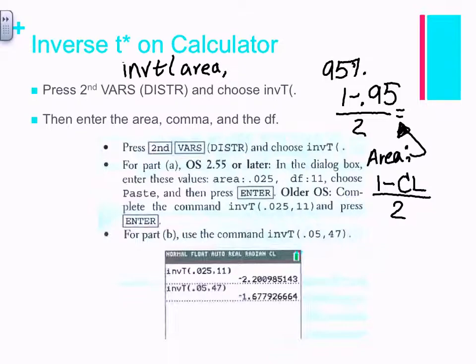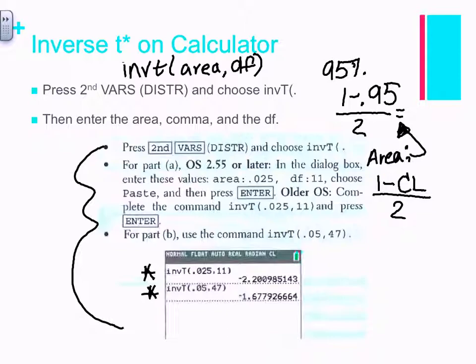And then alongside that is going to be your degrees of freedom, which would mean that you'd have to know your sample size and subtract 1. This is just a screenshot of what to put in the calculator. These examples may not match anything that we do, but just so that you understand.